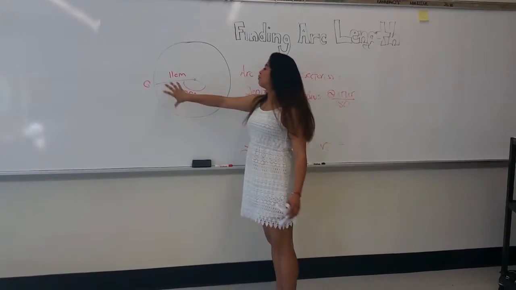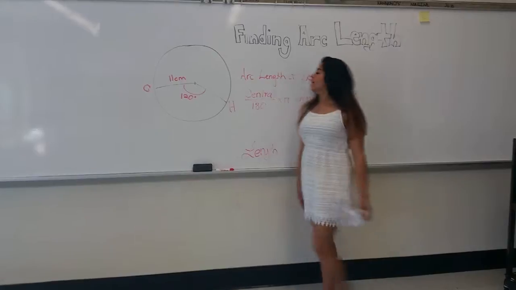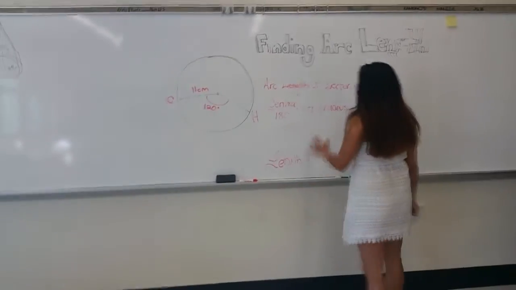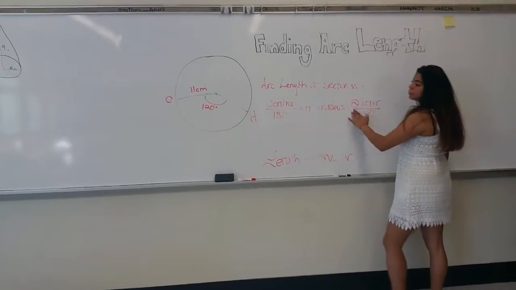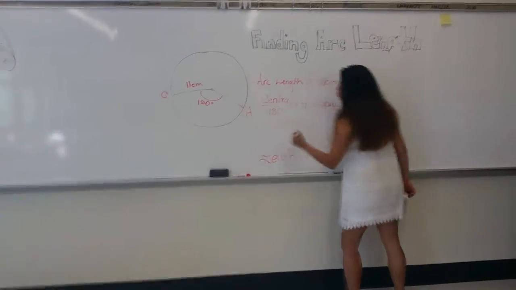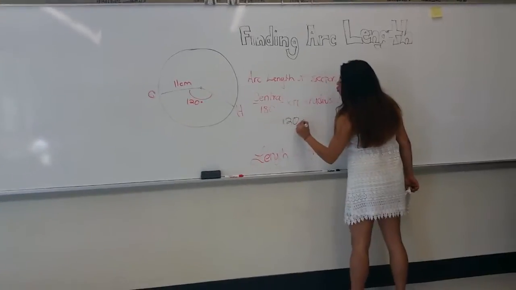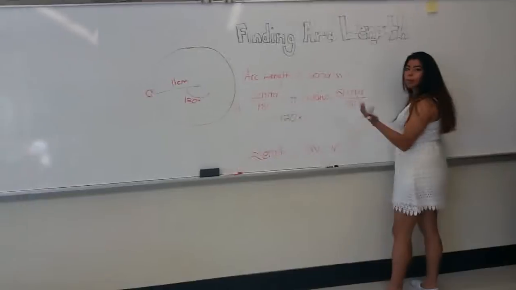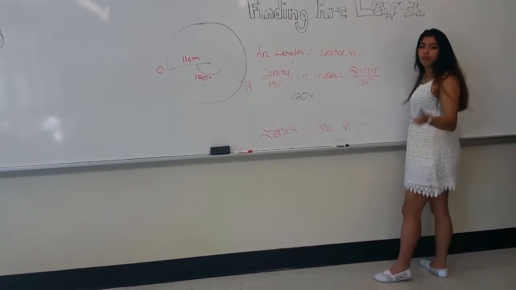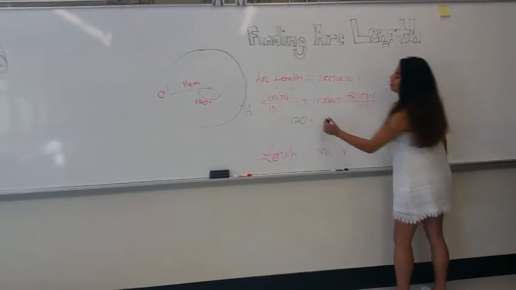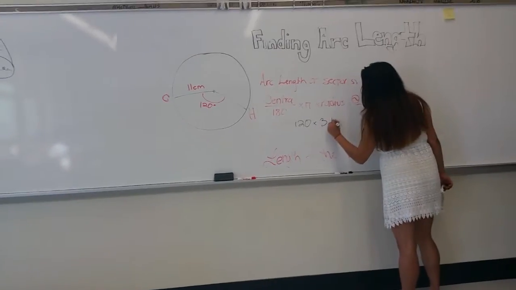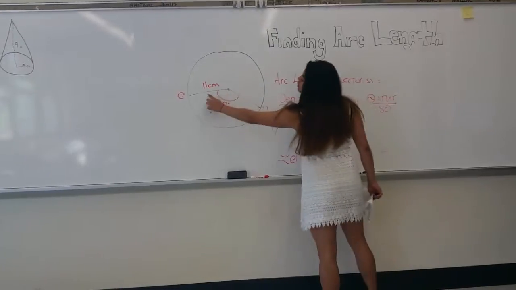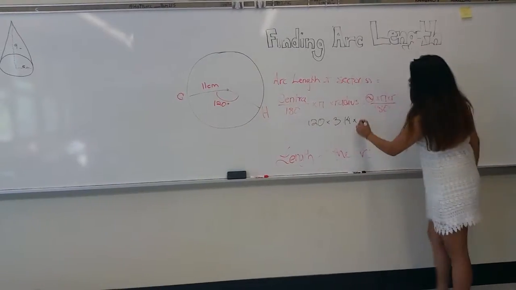So we have our radius and angle to find the arc length. The first thing you want to do is write your central angle. So that would be 120, right? Then you multiply that by pi. Your pi equals 3.14, as you should know. And then your radius. Now your radius is 11 centimeters. So you write it right here.